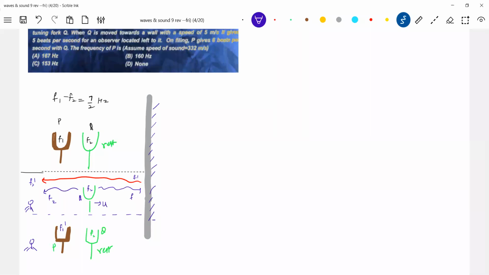I think 3 situations are there. P and Q at rest, we get a beat frequency of 7/2. Now only P is not moving, only Q is moving, and we get a beat frequency of 5. Now it is filed, and the frequency with the file gives 6 beats per second.